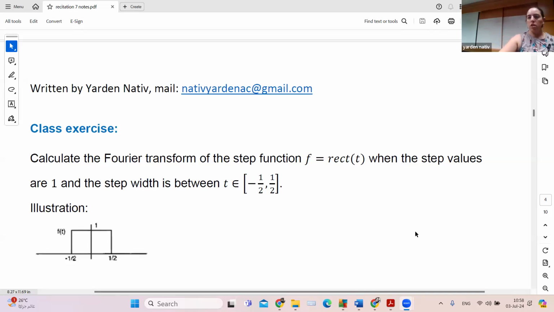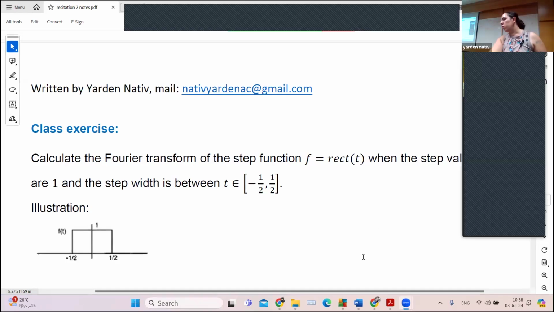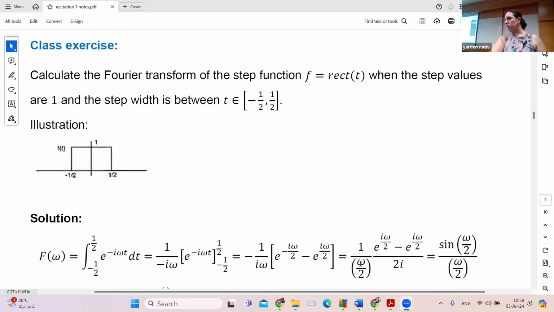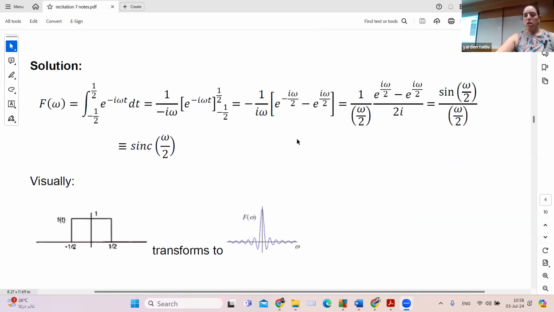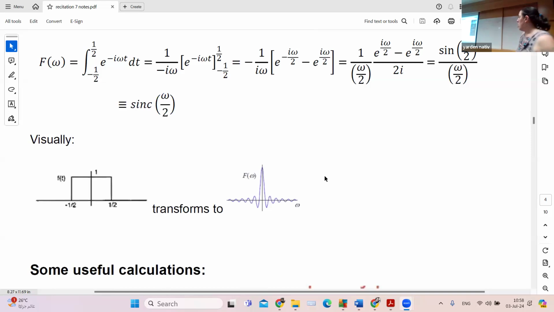So this is the harder function for the Fourier transform, one of the hardest to calculate. It's the easiest one when you have a sine or a cosine, and in the project you will have something like this, which is easier, where you see directly what the solution should be. You can see that this function transforms to this one, which is sine divided by what is in the sine.